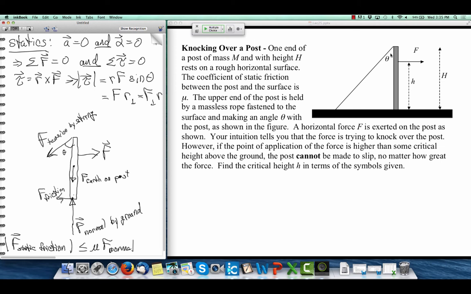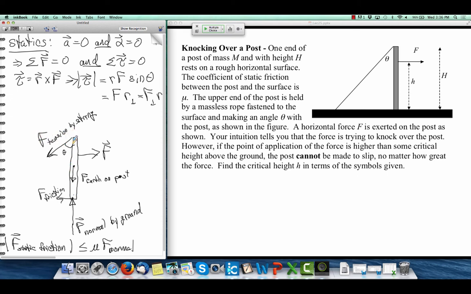So none of those pieces contribute. The only torque at that point is this force right here times whatever the height is, h. That's the part of r that's perpendicular to the force. That's the vertical part. So this height times that force, and the height of the whole thing, capital H, times the part of this tension force that's perpendicular to r.